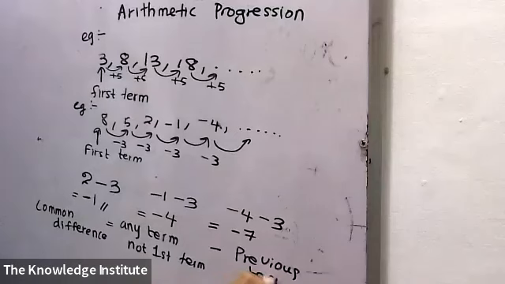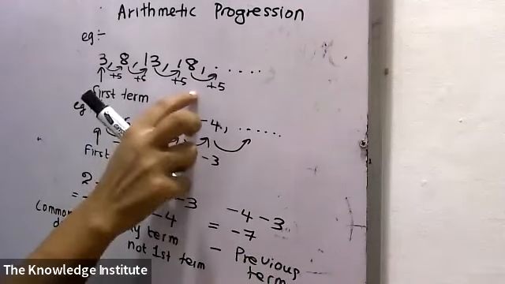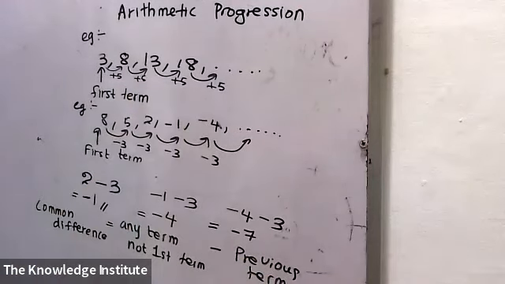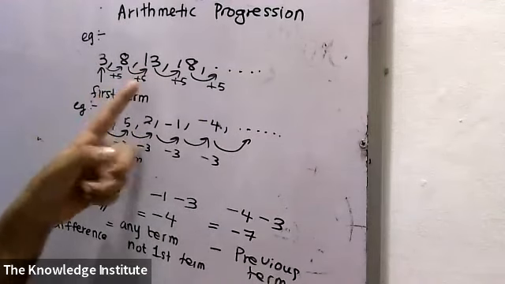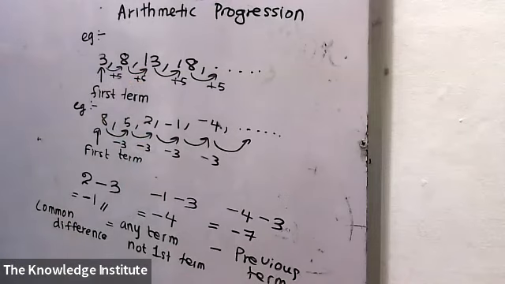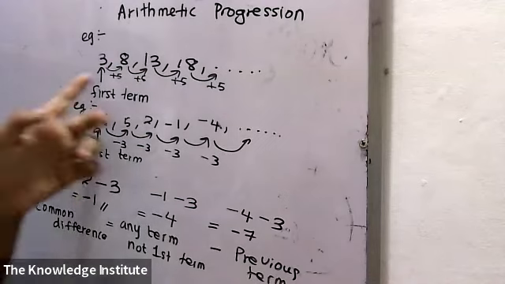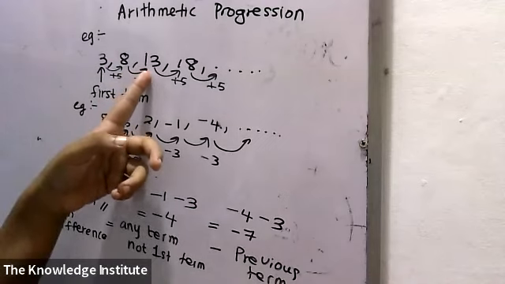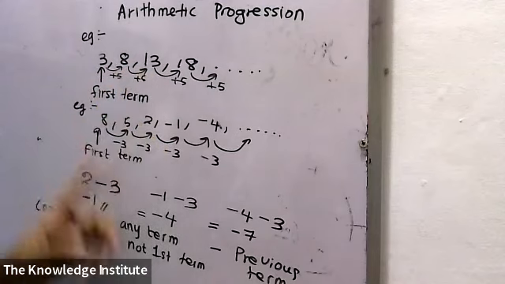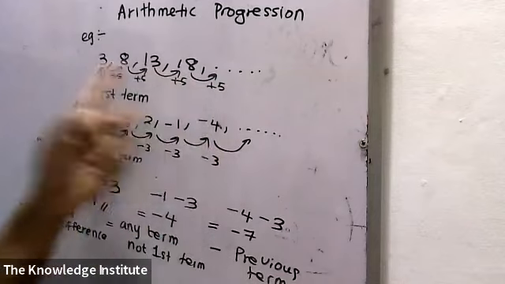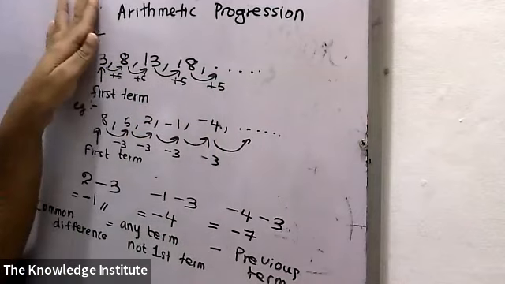Riza, can you select a term from here which is other than the first one? From the example. 13. Did you select 13? No, I'm not asking for the common difference. I'm asking you to select a term. Any term, but not the first term.